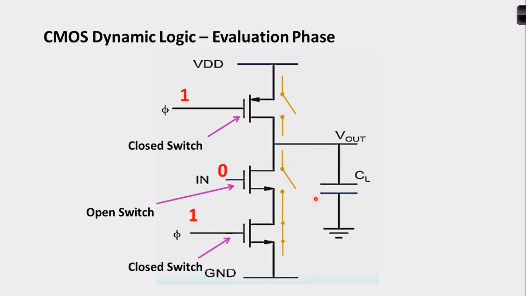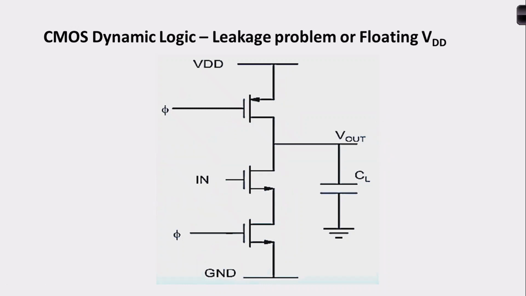The voltage across this point is VDD, so I'll be getting a logic 1. But this has a drawback. That drawback is what we can call a leakage problem or a floating VDD.